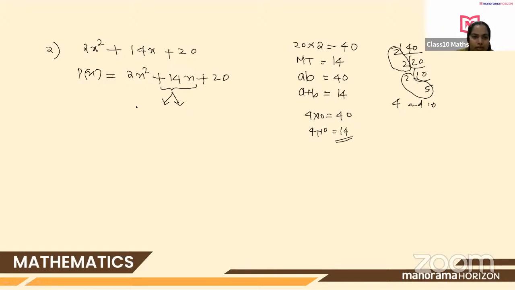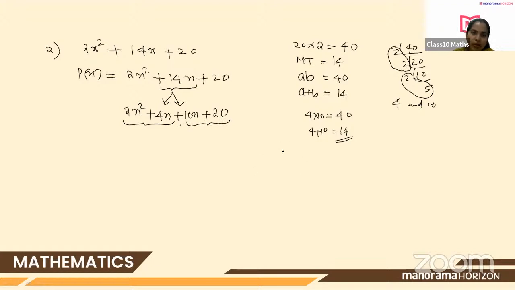Okay. So we can write 2x square plus 4x plus 10x plus 20. Now just take two pairs.